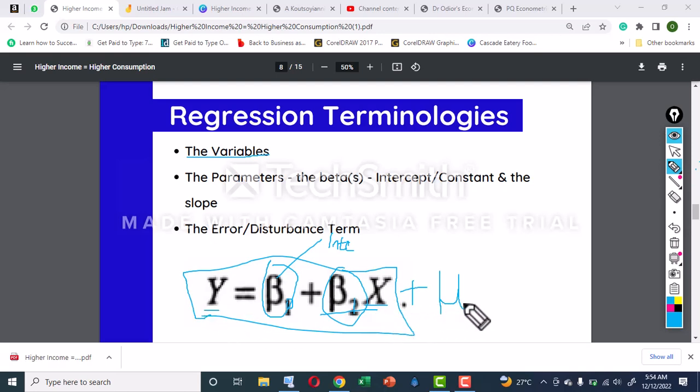It's going to put mu, because it's taking into consideration those other parts that our economic theory is not explaining, that it is assuming to be constant, that it is assuming does not exist here, but in the real world they actually exist. So it's taking into consideration all those parts.